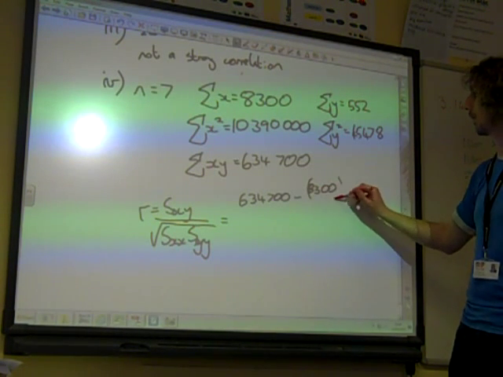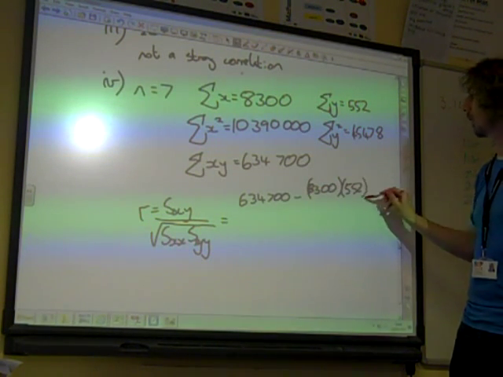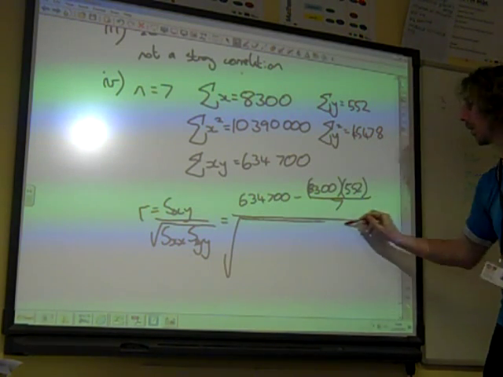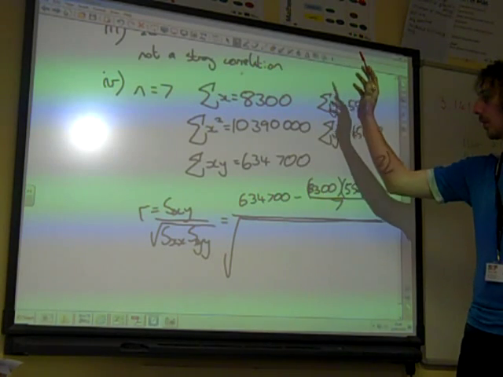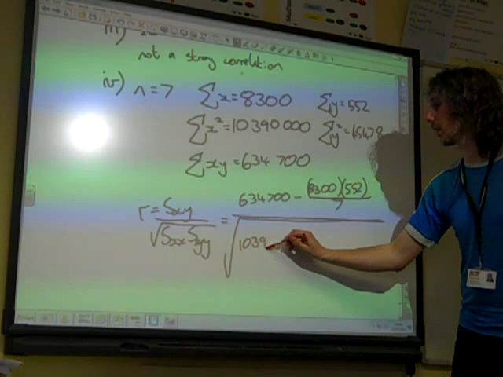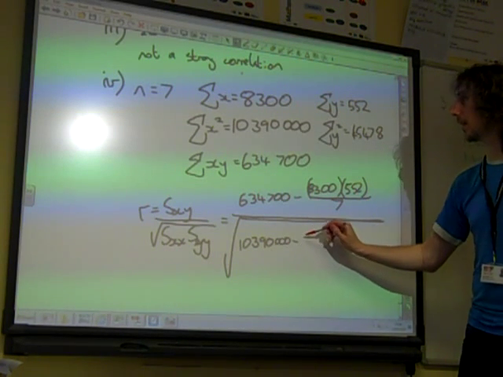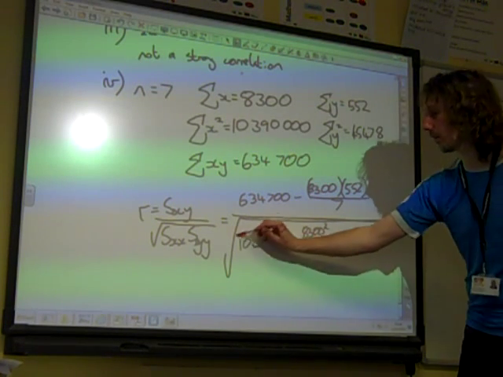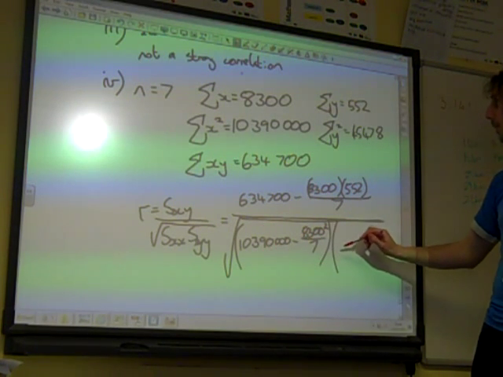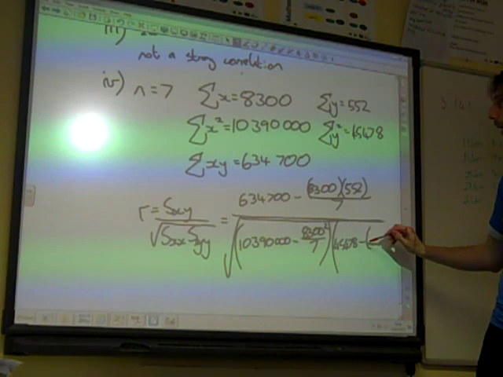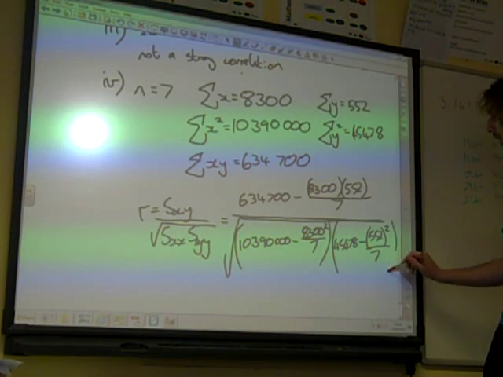8300 times 552 over 7, divided by the square root of Sxx, which is sigma x squared minus sigma x when you square it over 7, multiplied by sigma y squared minus sigma y when you square it over 7.